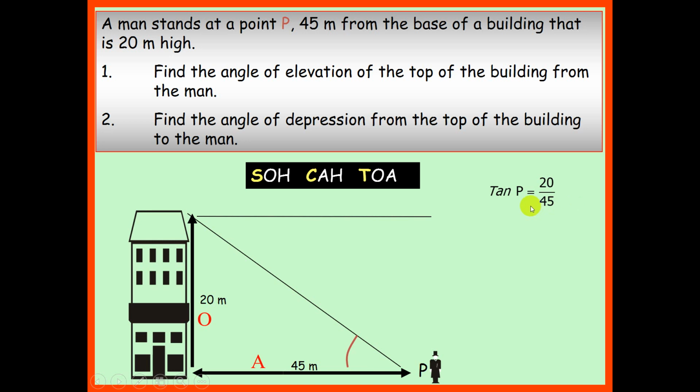We're now going to use our calculator to find angle P. We're going to use shift tan 20 over 45. Let me say that again: shift tan 20 over 45. And if we do that, we would get angle P equal to 24 degrees. And angle P, please note, is our angle of elevation.